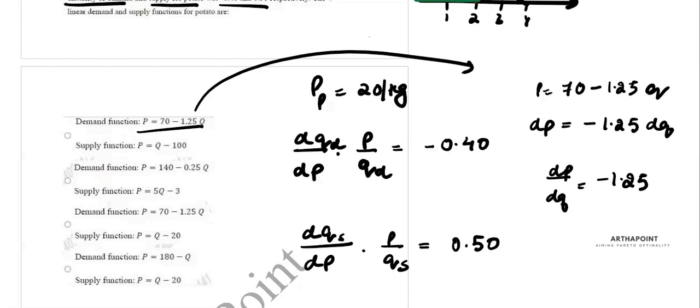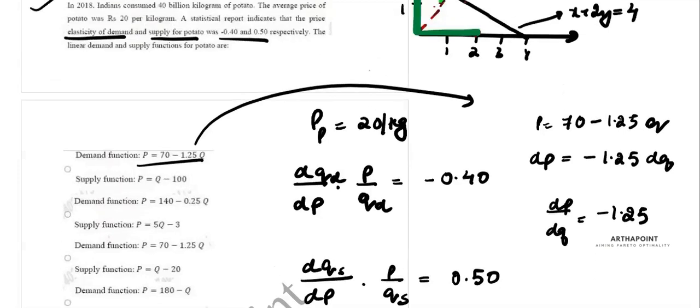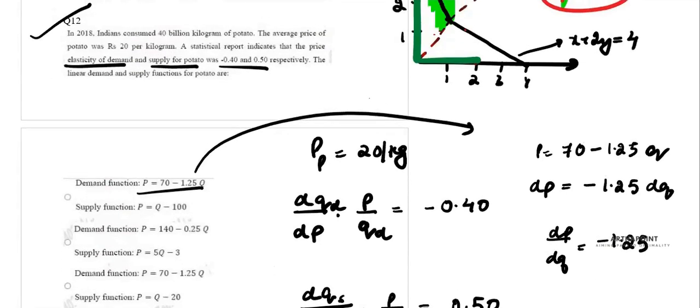You can do this for each one of these, so at least you will know dP by dQ for each. And you know the price is 20 and the quantity is 40. So you can put those values in and find the elasticity of each. That would be the first method, a hit and trial method.